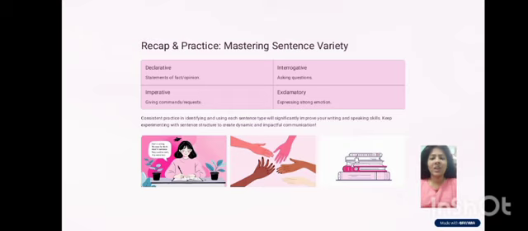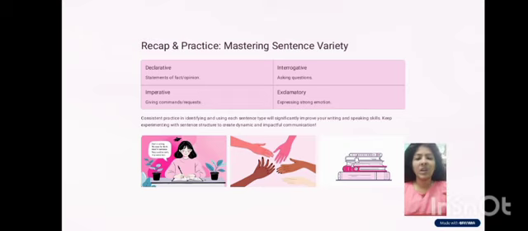In conclusion, we can say that the classification of sentences based on purpose highlights the functional diversity of language. Declarative sentences provide information, interrogative sentences encourage inquiry, imperative sentences guide action, and exclamatory sentences express emotions.